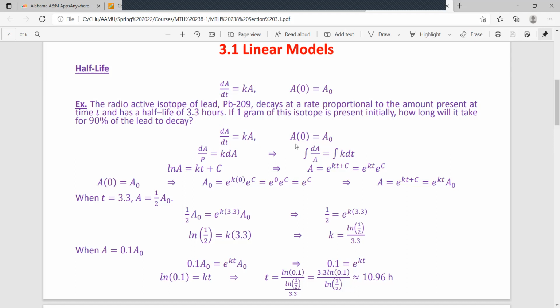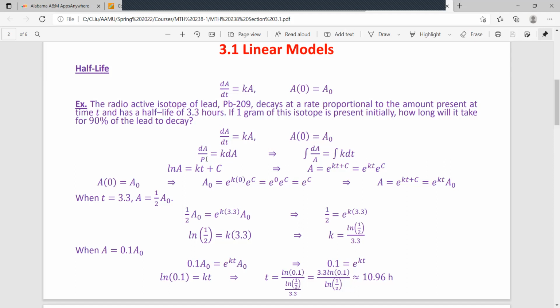So let's just start from the initial value problem to solve it, and then we use the conditions to find out this constant K. Just solve this initial value problem again using the same procedure we did in the previous example. First, rewrite the differential equation in differential form.